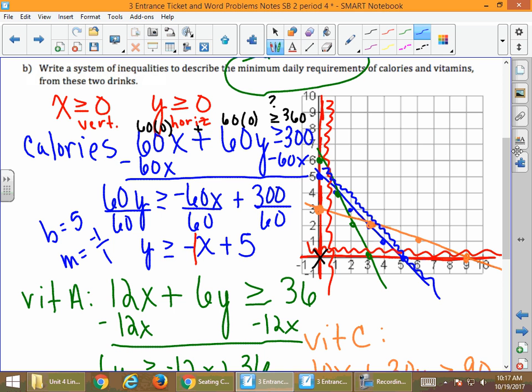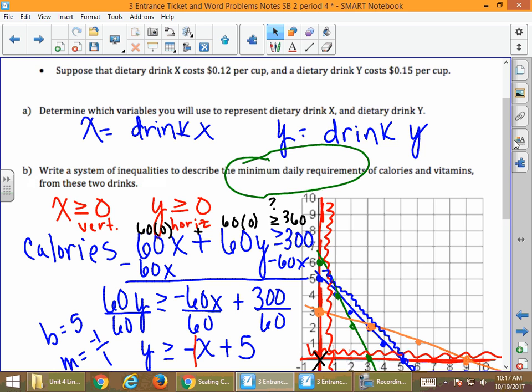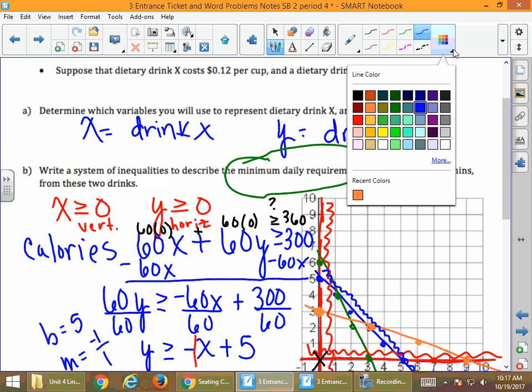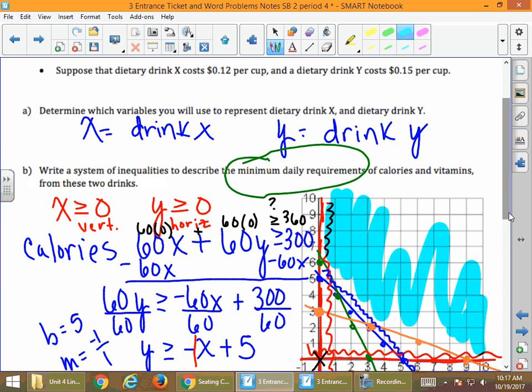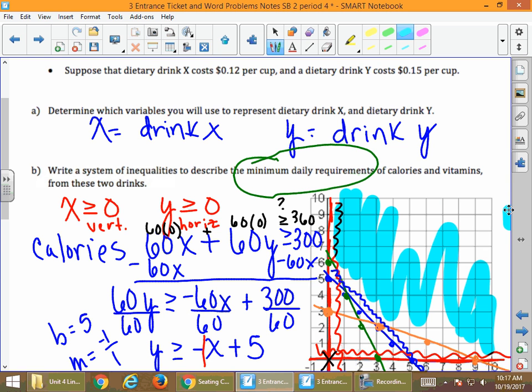But what happens is, when we actually find where all of the shading intersects, we end up shading in this area. Just trying to slide this around.